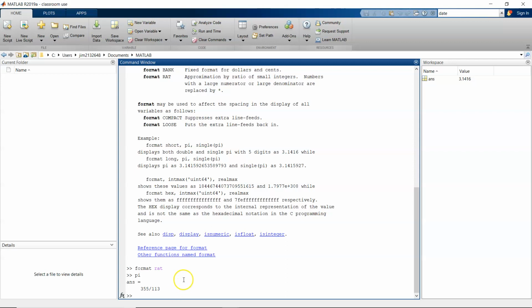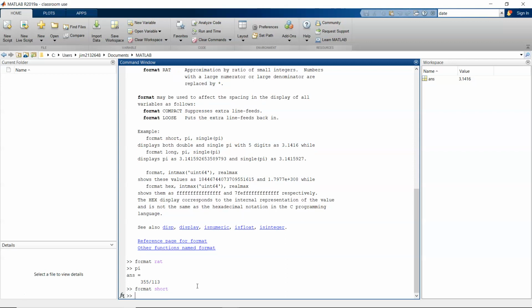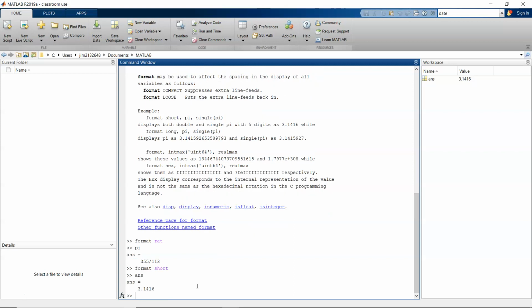And okay, to convert a fraction, by the way, if I go back to format short and type the answer, it doesn't give me the rational, it gives me the decimal approximation. Sometimes you get an answer and you can't convert it back this way, especially when you do symbolic calculations.